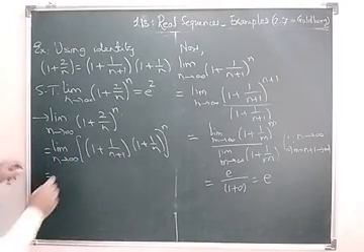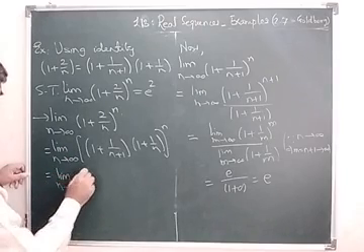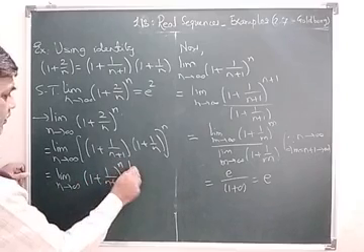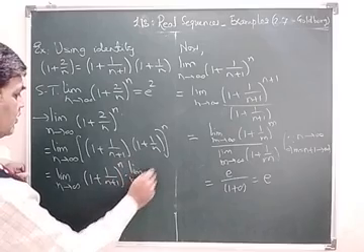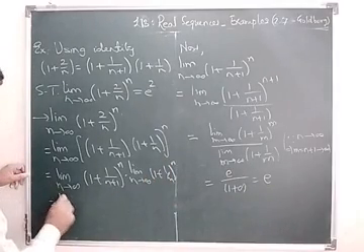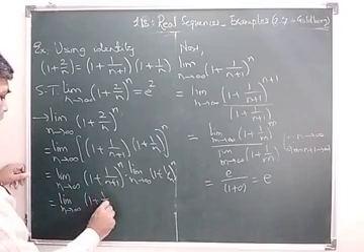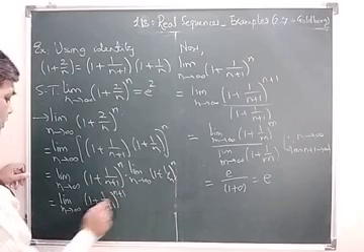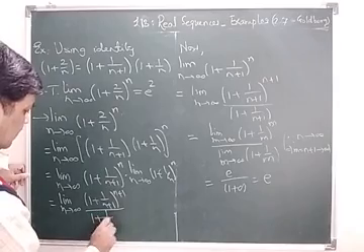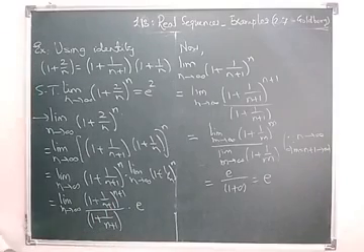And then this by using law of indices, we will get limit n tends to infinity of 1 plus 1 upon n plus 1 raised to n into limit n tends to infinity of 1 plus 1 upon n raised to n. This is equal to limit n tends to infinity of 1 plus 1 upon n plus 1 raised to n plus 1 upon 1 plus 1 upon n plus 1, into this limit is e.